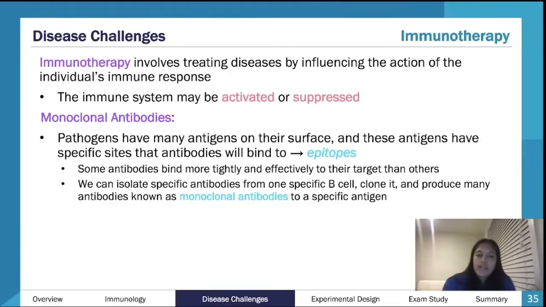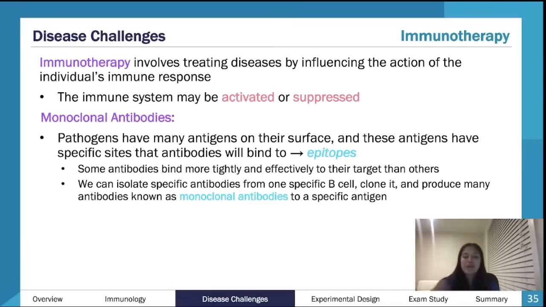So with our monoclonal antibodies, we have, just like any other antibodies, antibodies that are specific to, for example, let's say cancer. So what we do is we get a cancerous cell and we figure out an antigen that a cancerous cell may have, and we put this into a mouse. For example, these are monoclonal antibodies that are made by mice.